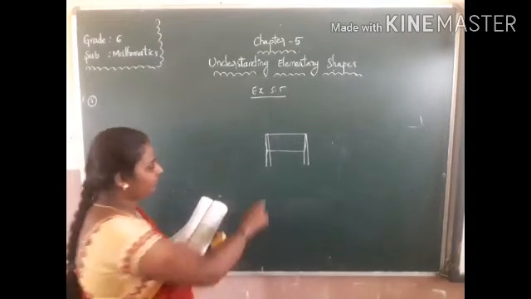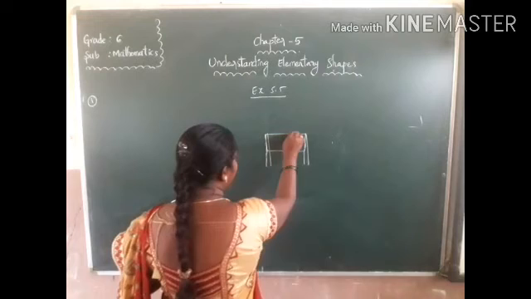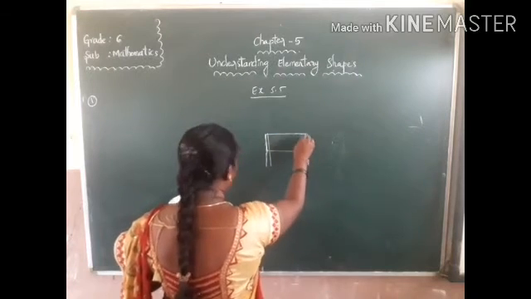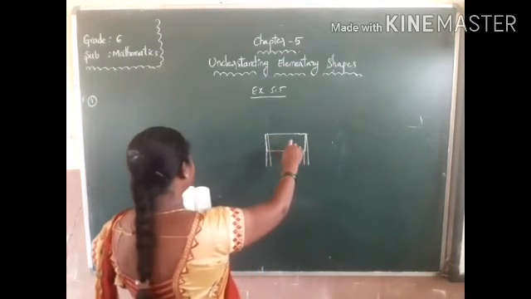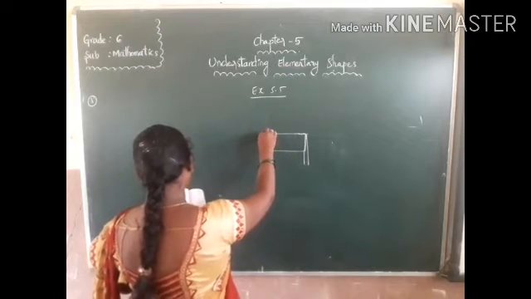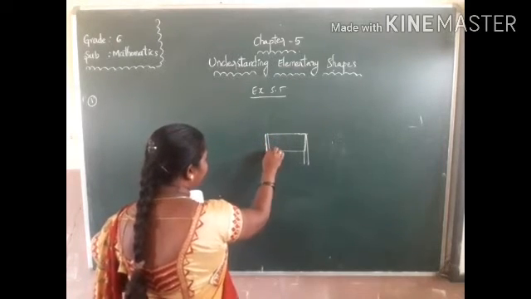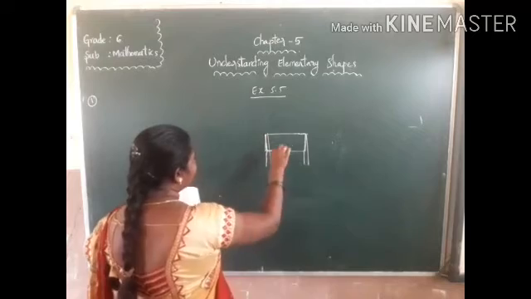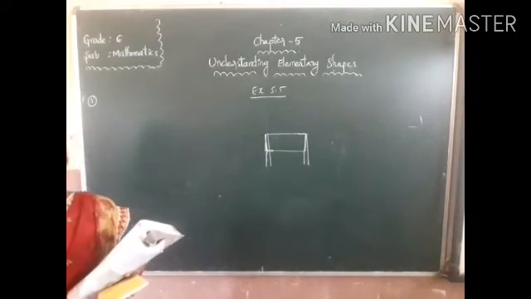In the tabletop, observe here, the adjacent edges of a tabletop are a model for perpendicular lines. Yes, so it is a model for perpendicular.